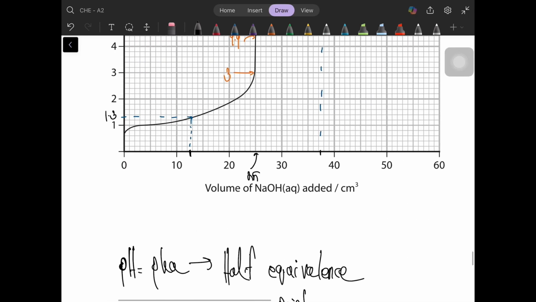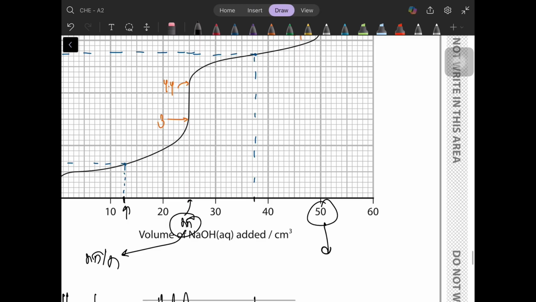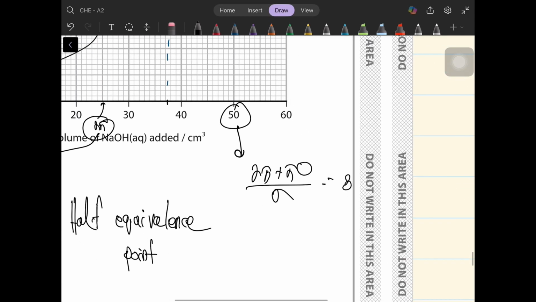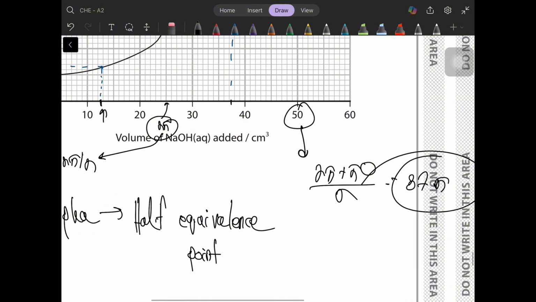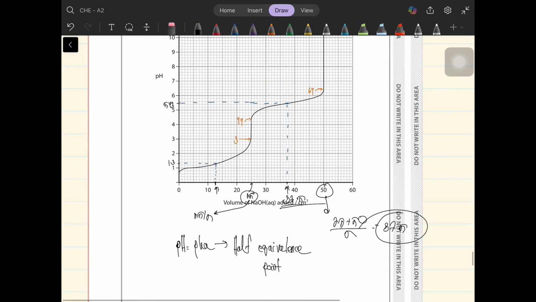Half equivalence point for 25 by 2 is going to be 12.5, that is over here, and for 50, that is going to be 25 plus 50 divided by 2, 37.5, right? So 37.5 is over here, and this is going to be another equivalence point.